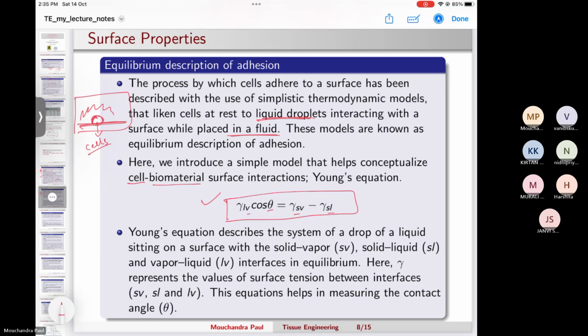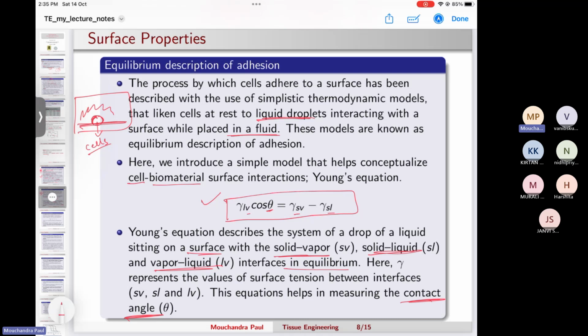And cos theta is a new quantity, which is called the contact angle. This Young's equation describes a system of a drop of liquid sitting on a surface, with the solid-vapor, solid-liquid, and vapor-liquid interfaces in equilibrium.